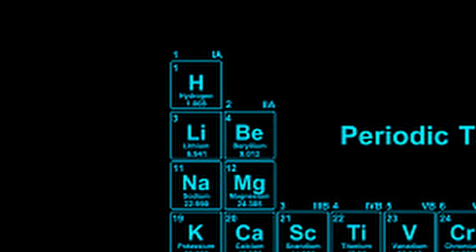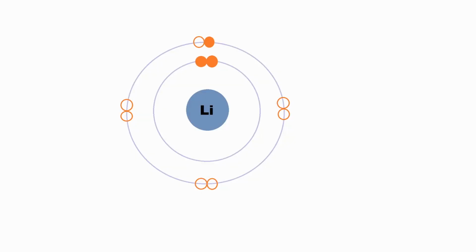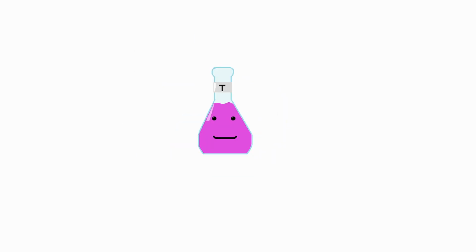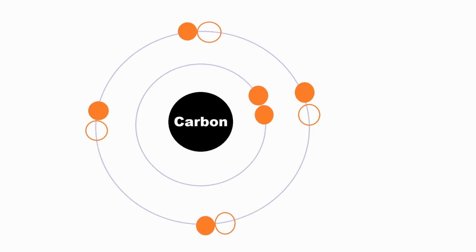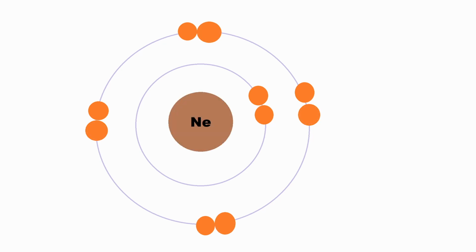Lithium, right under hydrogen, has 2 electrons in the K layer and 1 free electron in the L layer. Lithium wants to give its electron away in the L layer to look more like helium. It could in theory pick up 7 more electrons and look like neon, but that would be a lot of work and atoms are kind of lazy, they always take the easiest route. Carbon has 4 electrons in the L layer and wants 4 more to look like neon.